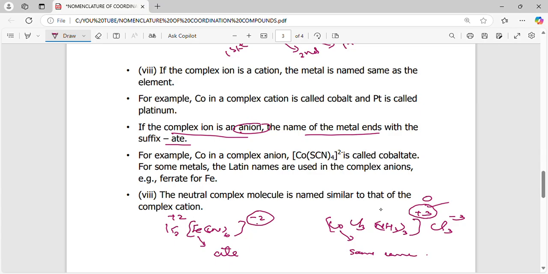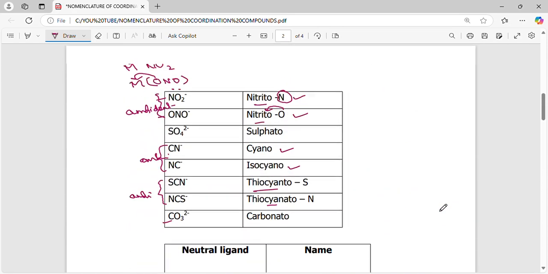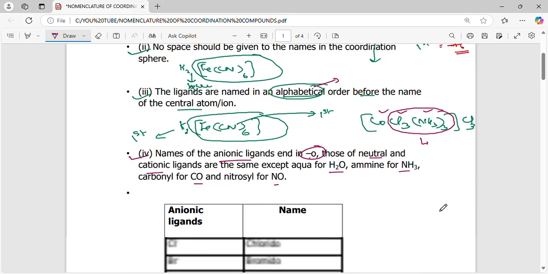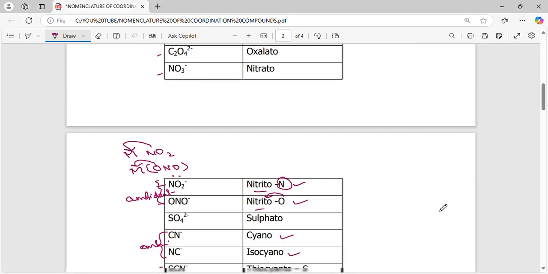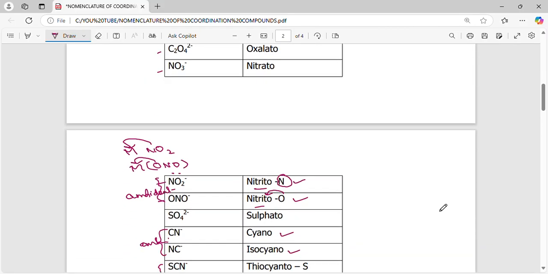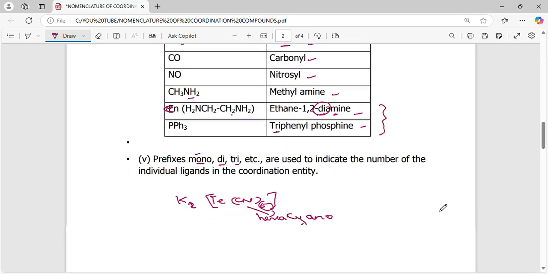Otherwise you write the normal name. So I hope you understood all these rules. While writing the name of the coordination sphere, if you follow all these rules one by one, then the name can be written easily. So learning this table by heart, with the names and charges, everything is important.